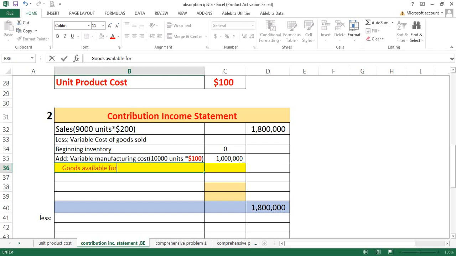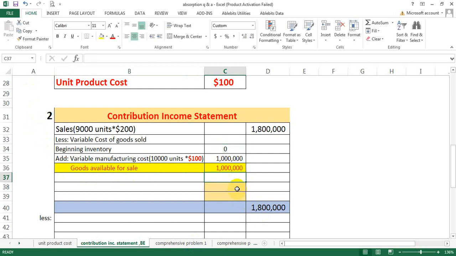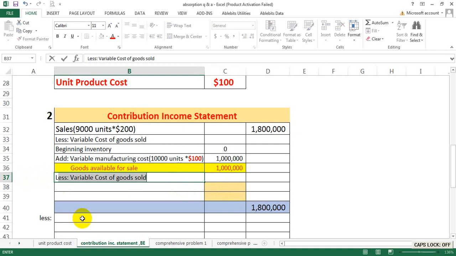Goods available for sale is this value, beginning plus manufactured, right? This is a pattern, that's why I'm writing it in full, so you can easily understand it. After calculating goods available for sale, less what? Less ending inventory.